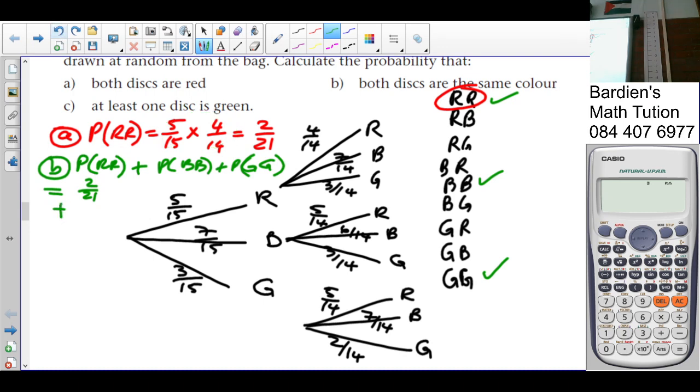Plus both blue, so that branch I'm following: 7 out of 15 times 6 out of 14, plus 3 out of 15 and 2 out of 14.